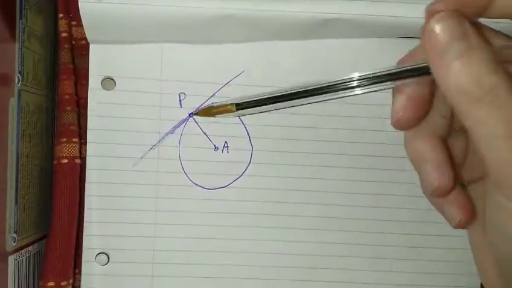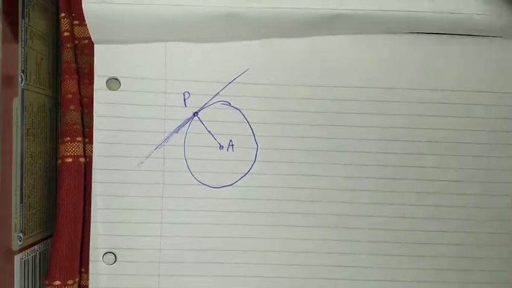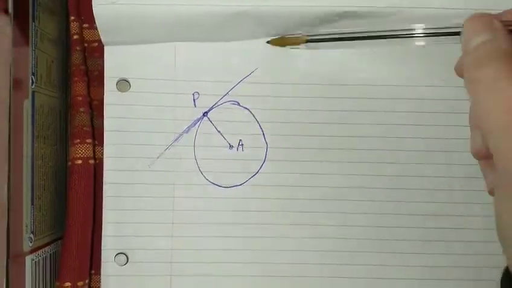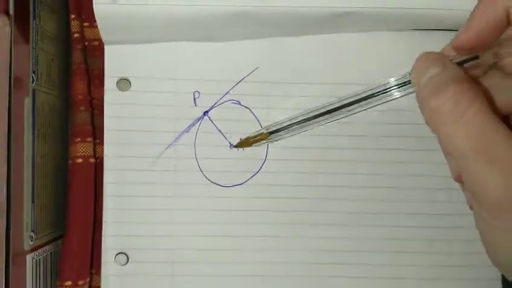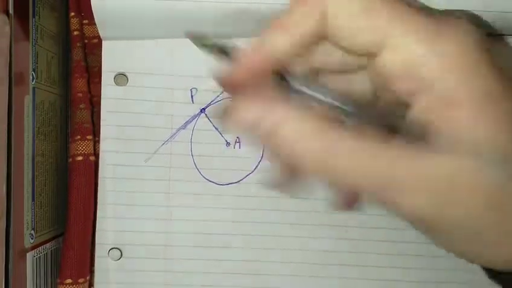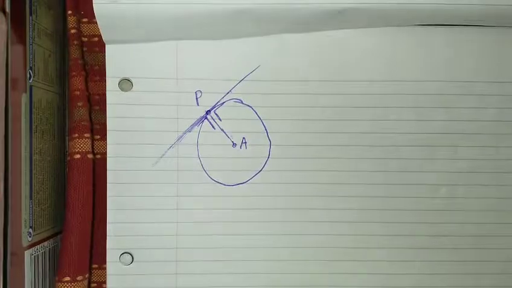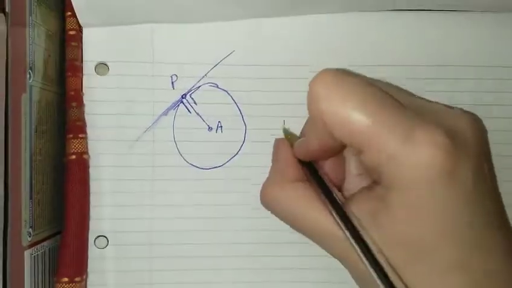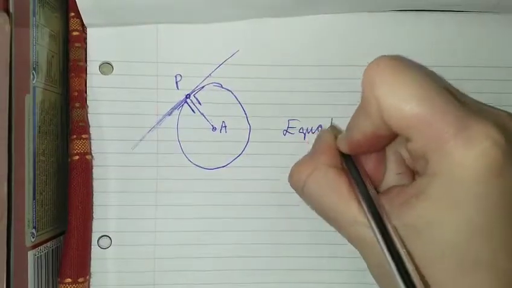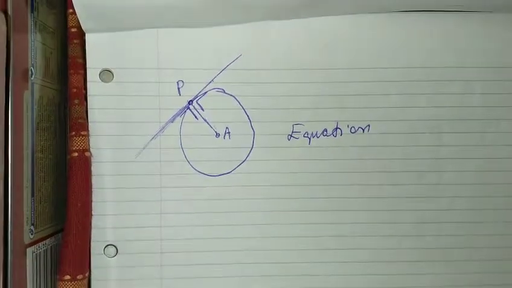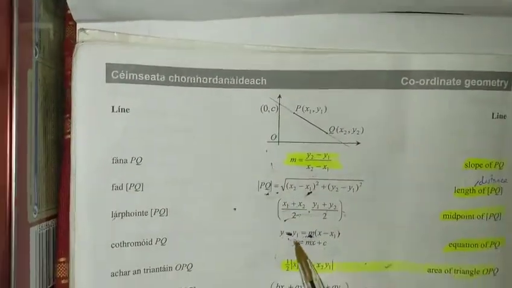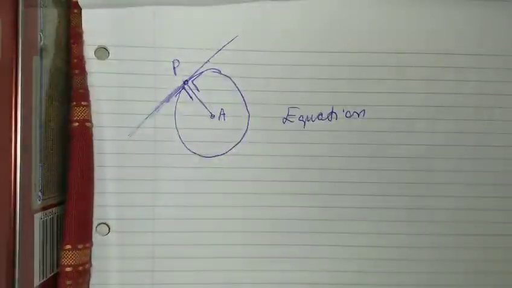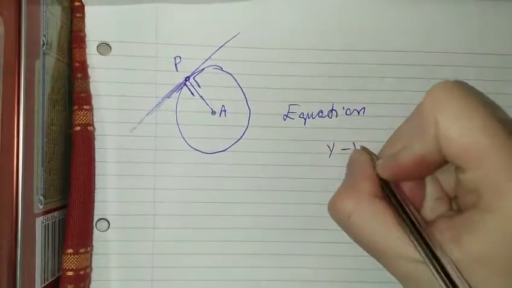The slope of the tangent is going to be perpendicular to the line from the centre to the point that the tangent touches. So those two lines are going to be perpendicular. To get the equation of a line, I use my formula, which is y − y1 = m(x − x1).